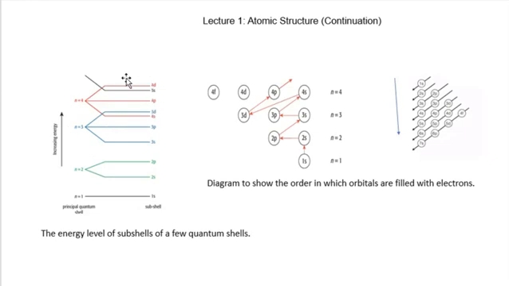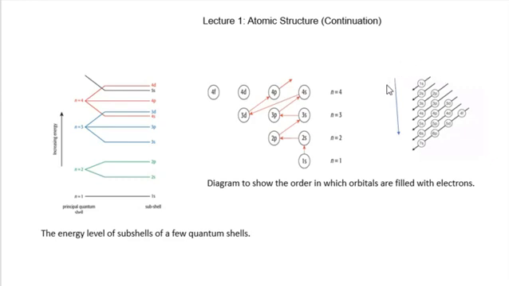I didn't show that here. So increasing energy level is shown here. And this is a model which says how to fill electrons in each orbital, and how many electrons we can fill in one orbital.